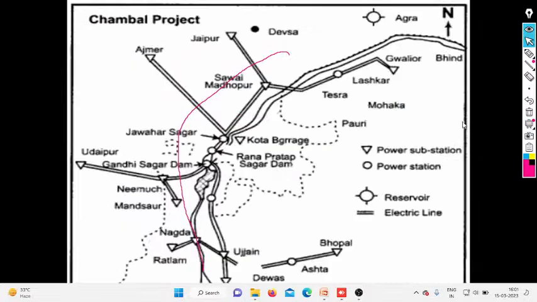This is the Chambal project. This is Rana Pratap Sagar Dam. This is Gandhi Sagar Dam.